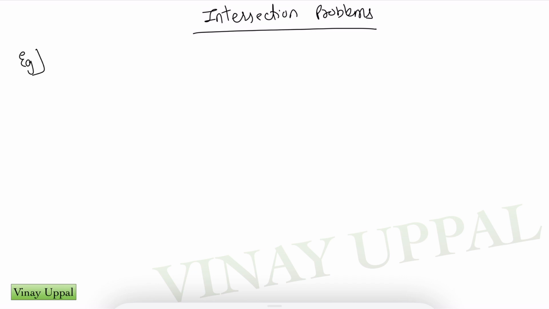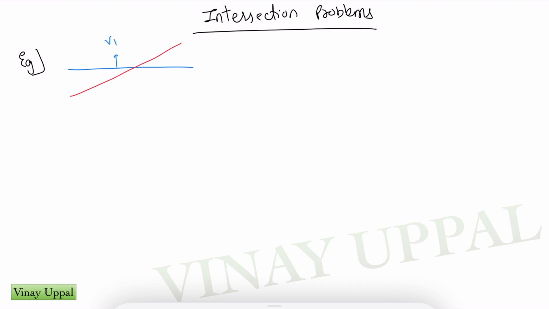Now let's look at a different type of problems that can come in kinematics, what I call intersection problems. So I'm going to start off with an example. So I have two lines at an angle, and the blue line is translating upwards with velocity v1.